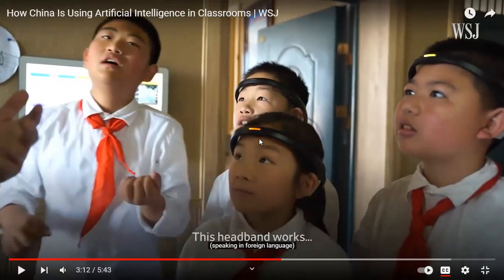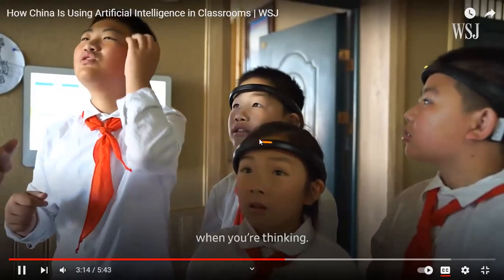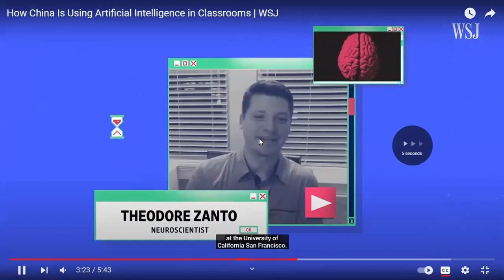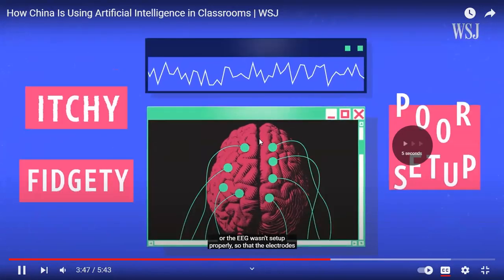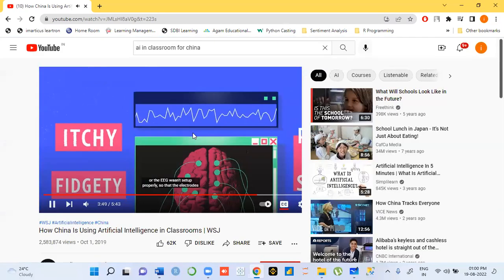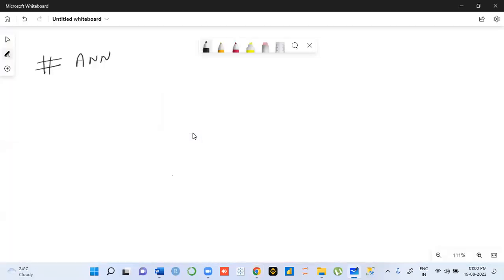So this red color also indicates whether you are concentrating in the class or not. So guys, this is one of the case studies applied in China, in schools.